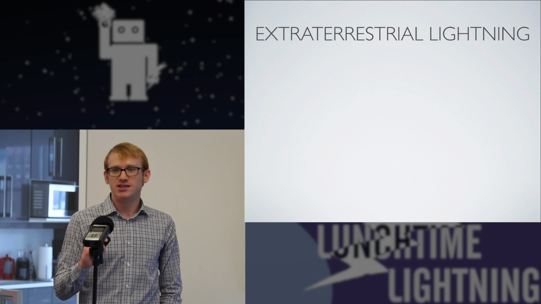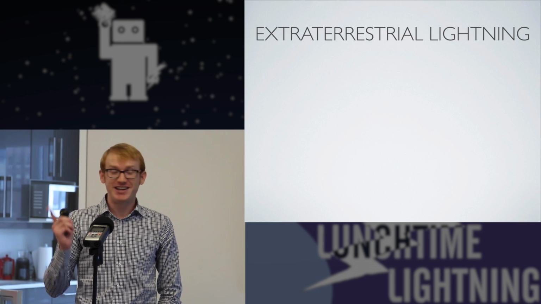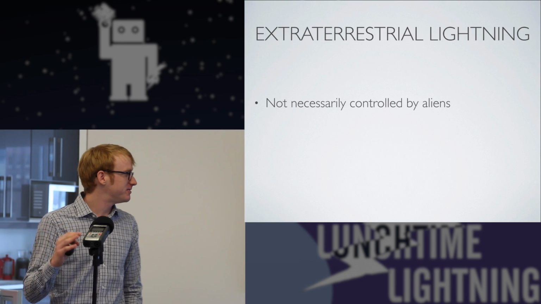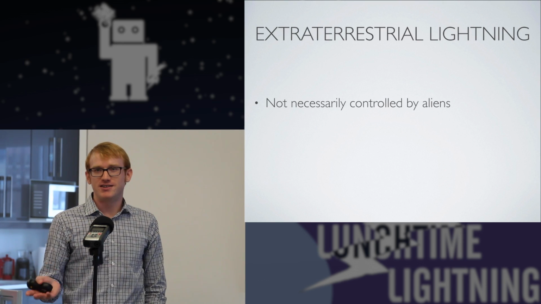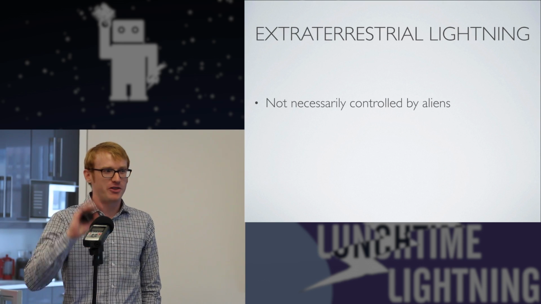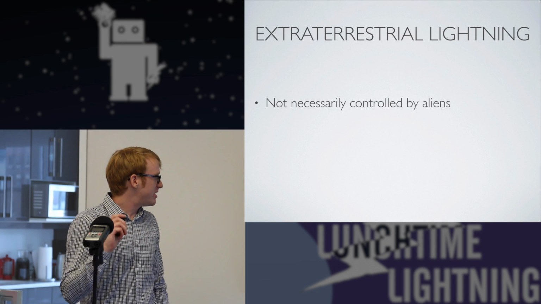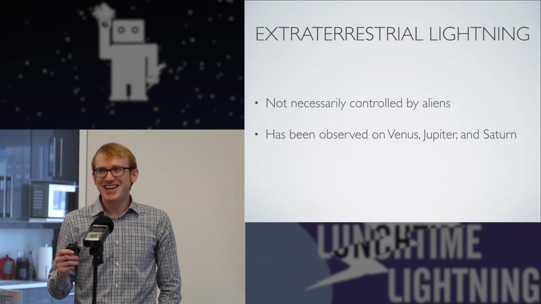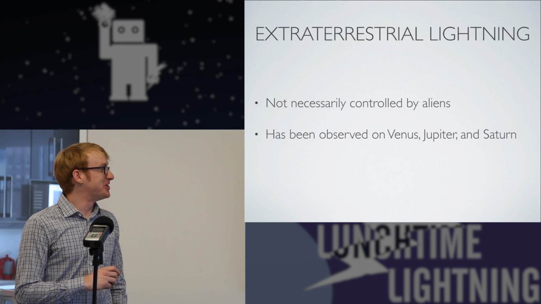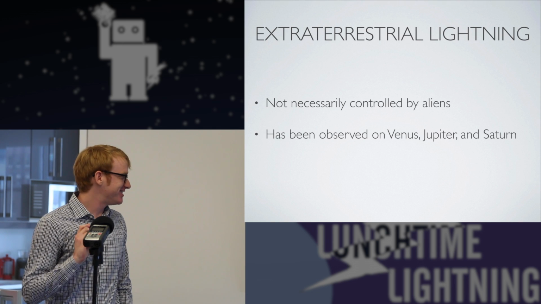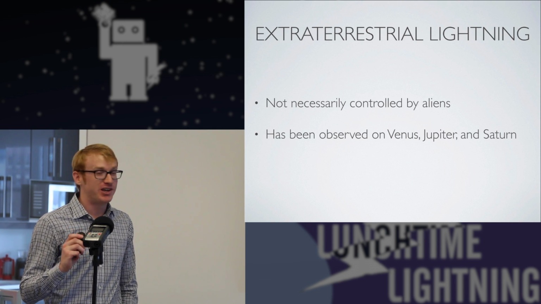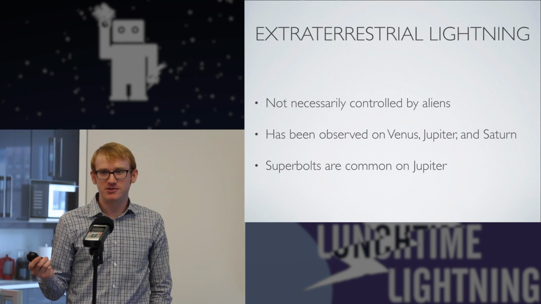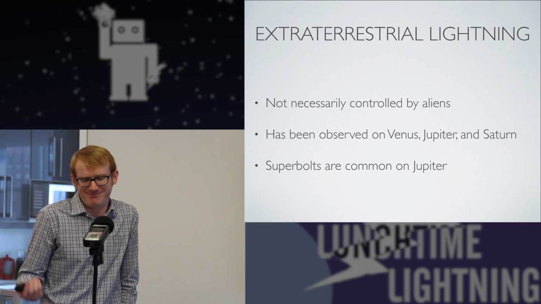Extraterrestrial lightning is not necessarily controlled by aliens, but that's the first thing I thought of. It just means lightning that's off of the Earth, out of the Earth's atmosphere. Kind of more boring than I thought. But it has been observed on Venus, Jupiter, and Saturn. And if you like super bolts, which you should, Jupiter has a lot of super bolts. So check it out. Go there.